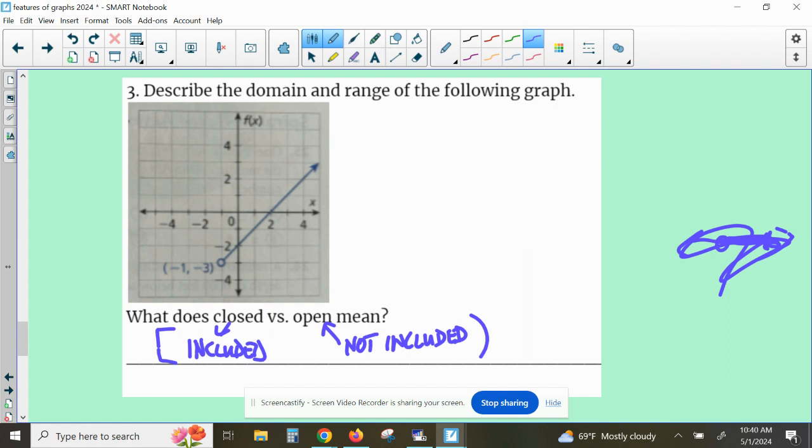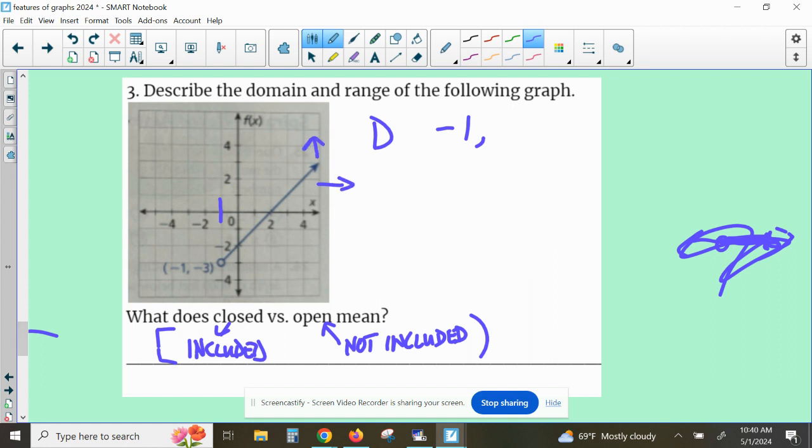Okay. So look at this graph. What is going to be my domain? Domain is going to be left to right. What is the furthest left it goes? Is that the furthest left it goes? No. Does it go back here? No. Okay, so this is the furthest left. So we're going to start at -1. And where does it go to? Infinity, because look, that goes forever this way and that way, right?